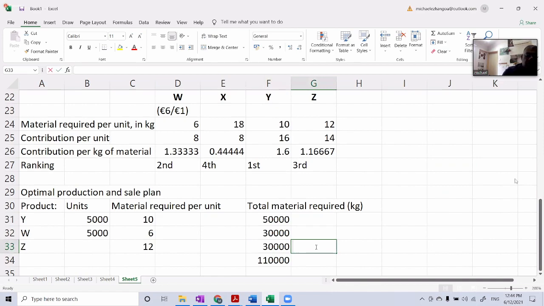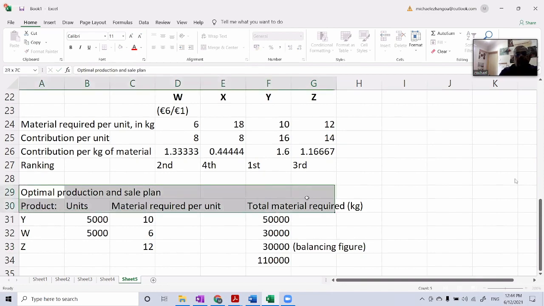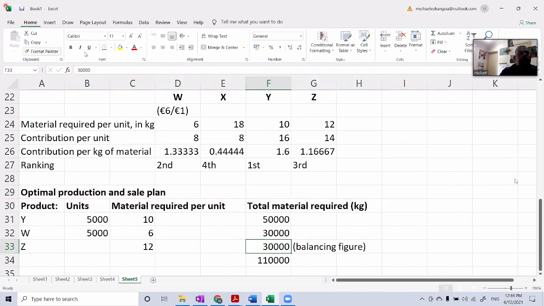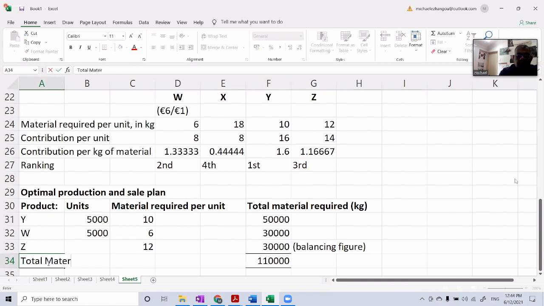So I'll put there a balancing figure. All right. Put a line there. That total material available, kg.